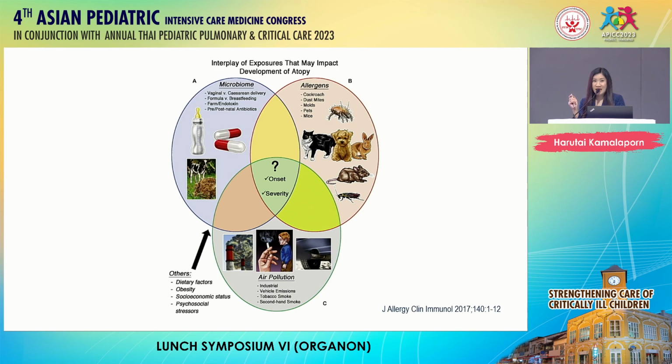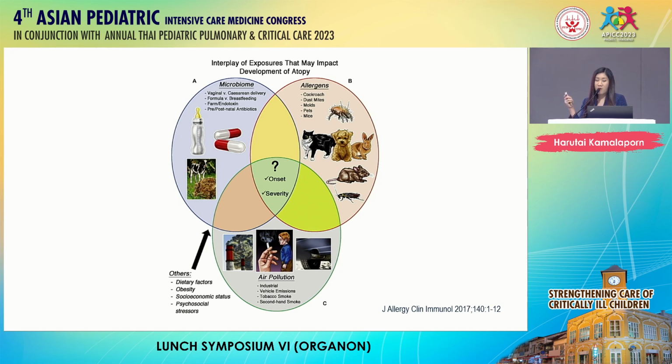The answer is 8 years old. They start at 8 years old in Thailand already. I'm going to talk about this a bit later. Because of the characteristics of the e-cigarette, right now they shift from the boring one, like a pen, to something that looks like a USB port, or looks like candies, in very, very fancy colors as well. So all of these things make asthma get worse, or even initiate asthma.